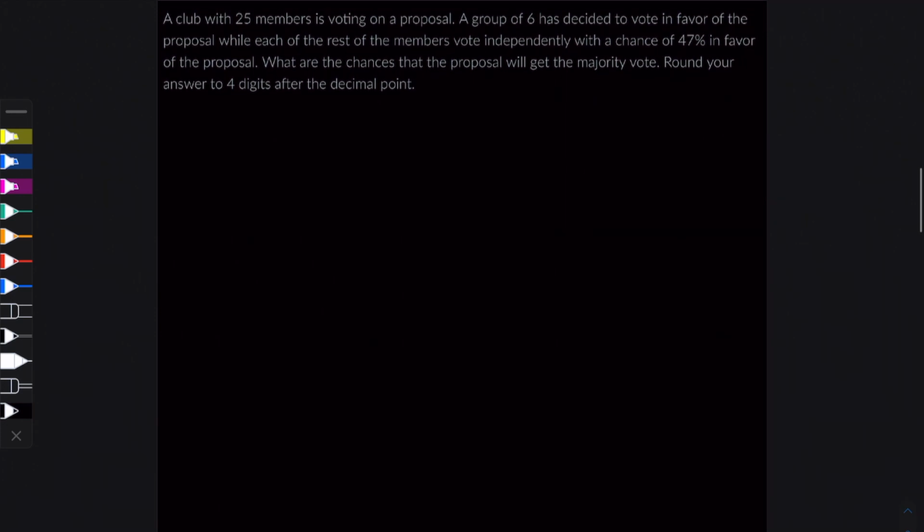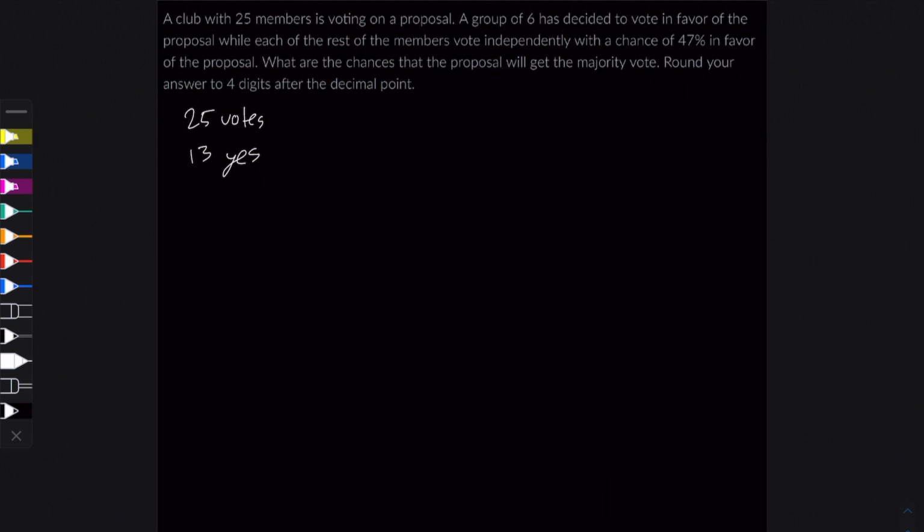So we need the majority vote, right? So, out of 25 votes, we need 13 yes votes. But they give us more information that a group of 6 has already decided to vote in favor of the proposal.